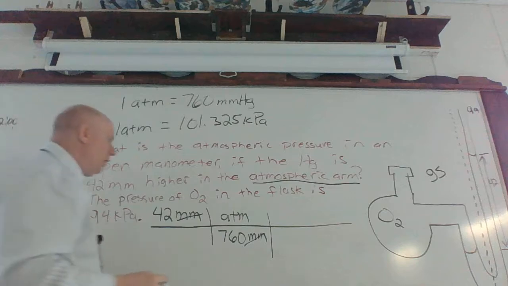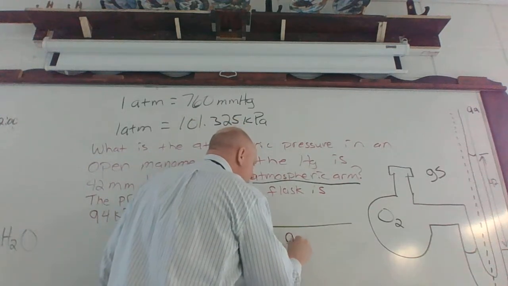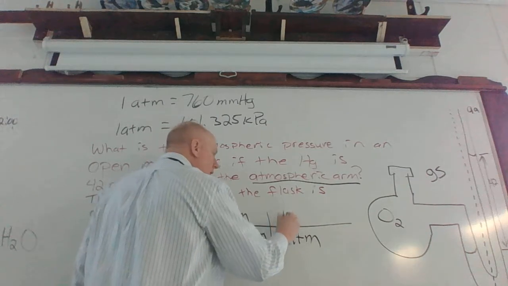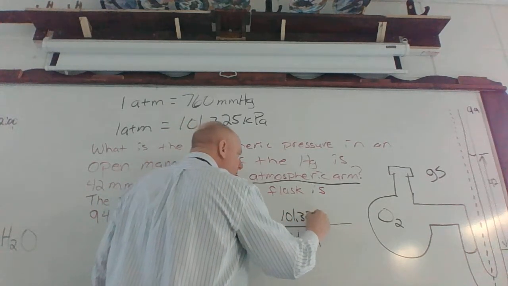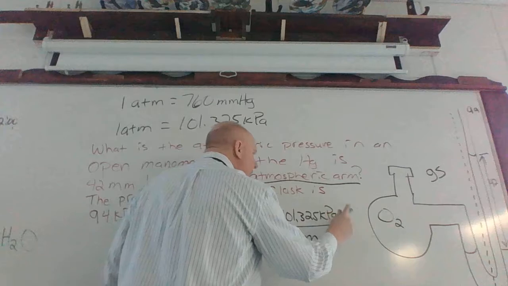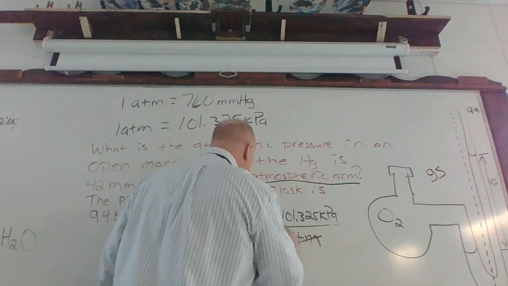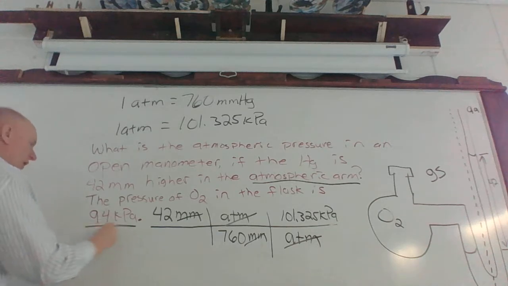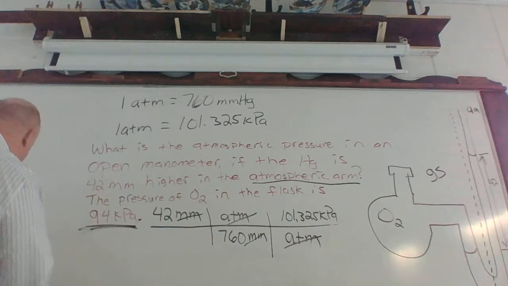For every atmosphere now, how many kilopascals do we get? kPa. So now these are gone. We're in kPa, which is what we want because we have to do this correction factor here.